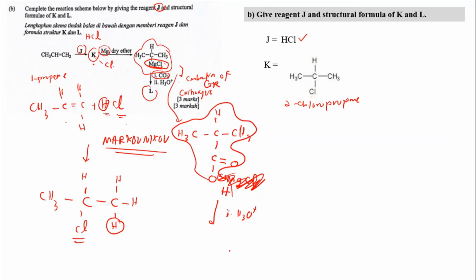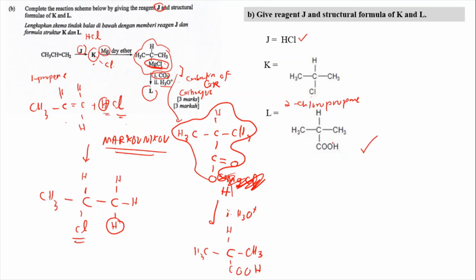So the carboxylic acid is going to look something like this, COOH. It's going to become 2-methyl propanoic acid. So for our L here, you basically replace Cl with COOH in the presence of carbon dioxide and H3O plus. So this is the structure here.